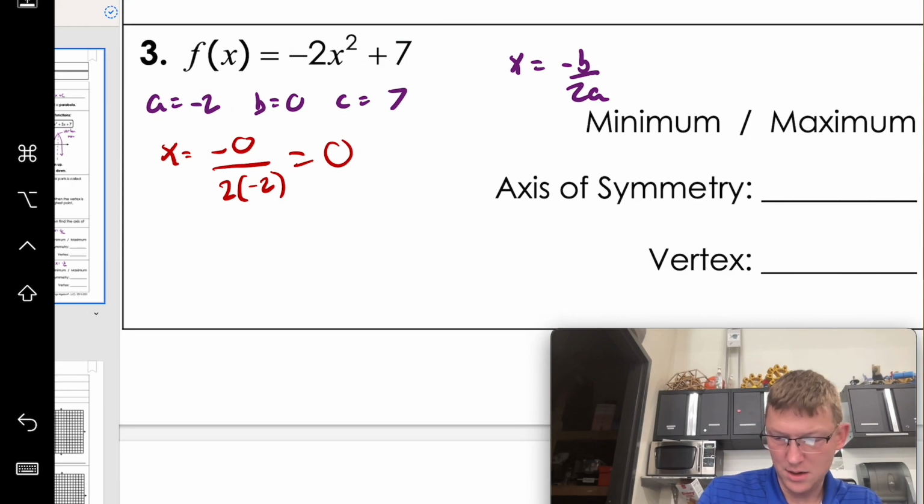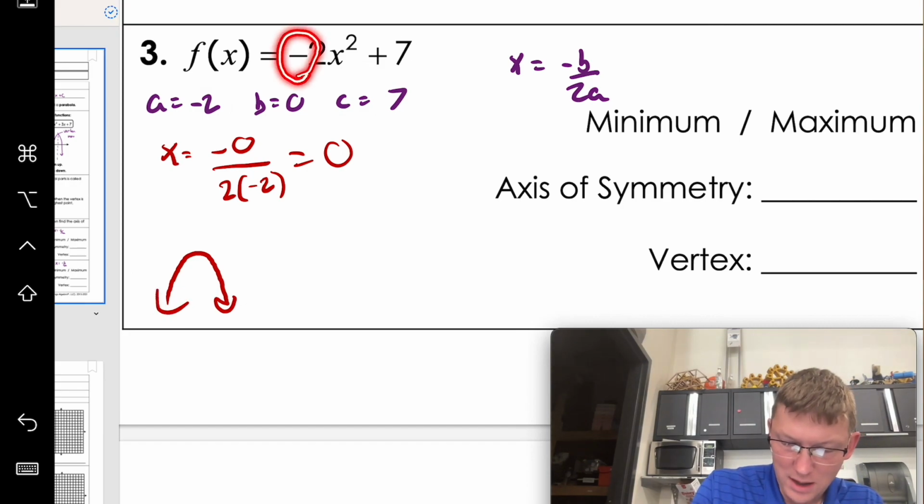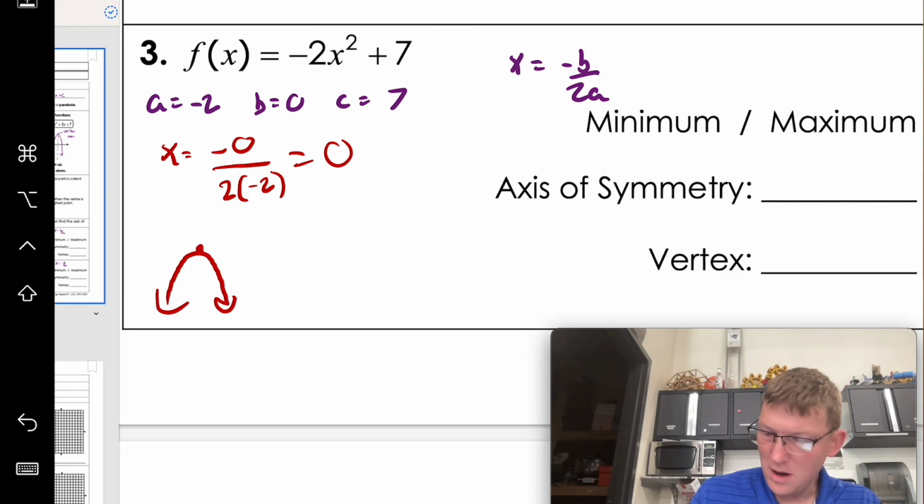And let's see here. Our graph is going to look like this, sort of, and I know that it's facing down because we have a negative sign right here. And from there, our vertex is going to be up here. That means that I know that my vertex is going to be a maximum.